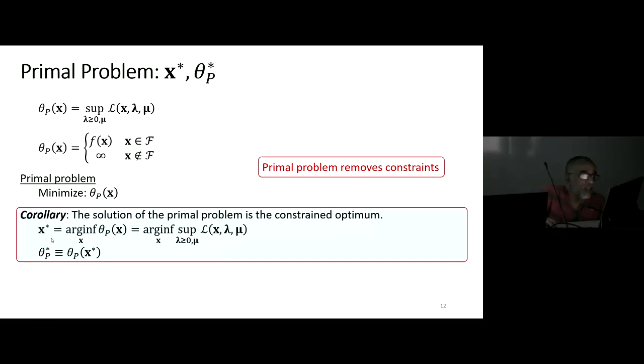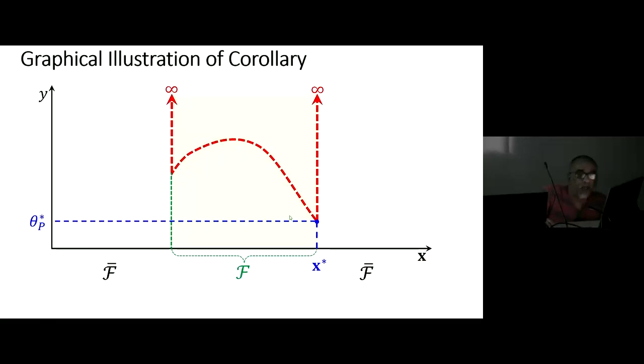And this is our notation. X star is the optimum of both the objective function, the minimum of the objective function within the constraints, which is also the minimum of the primal function unconstrained.